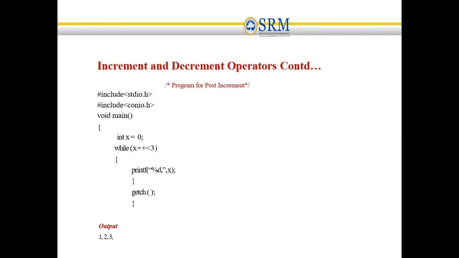So first x will be compared with 3 and then the value will be incremented. So first the value will be checked with 3 and then it will enter into the loop. So the output will be 1, 2, 3.